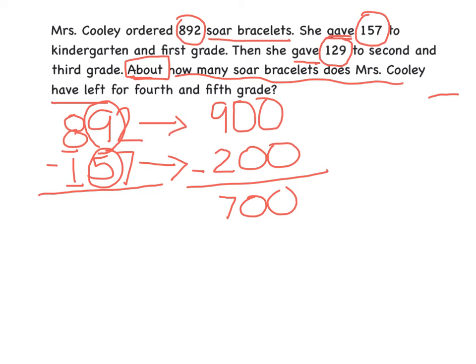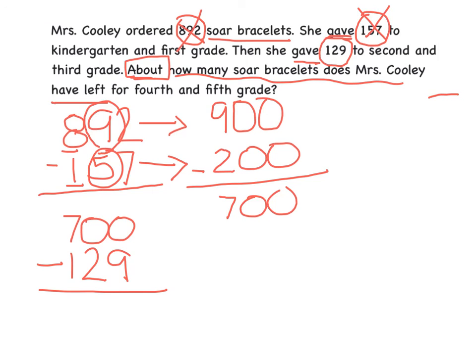But I am not finished yet because while Mrs. Cooley gave 157 to kindergarten and first grade, she also gave 129 to second and third grade. I'm going to bring my 700 down, and I'm going to subtract that 129. But because I still want to find about how many, I'm going to leave my 700 alone because it's already a rounded or estimated number.